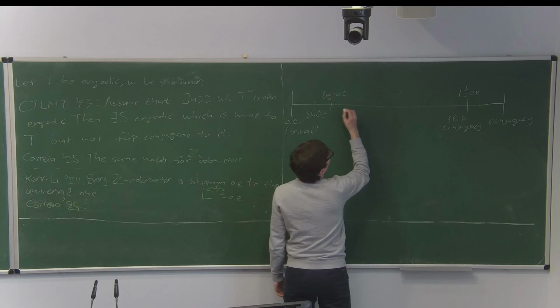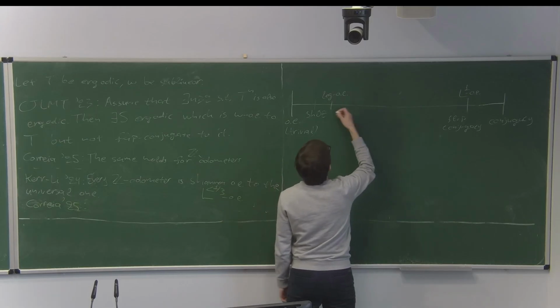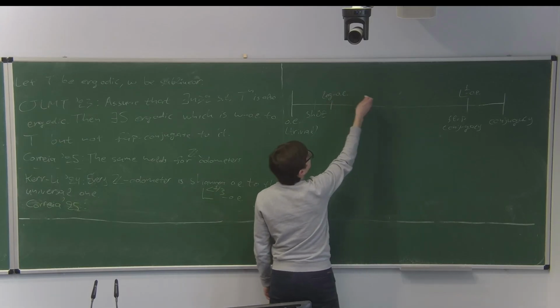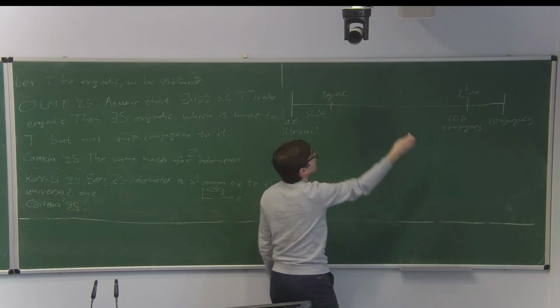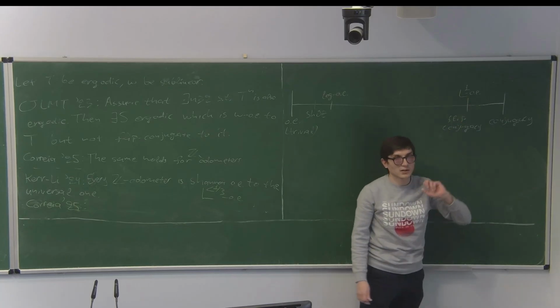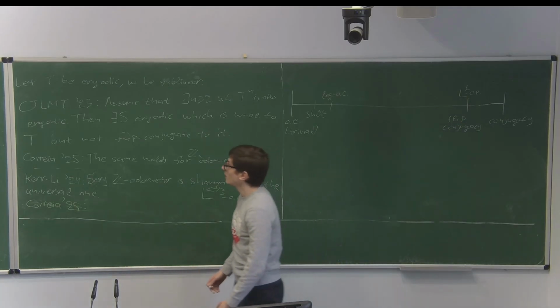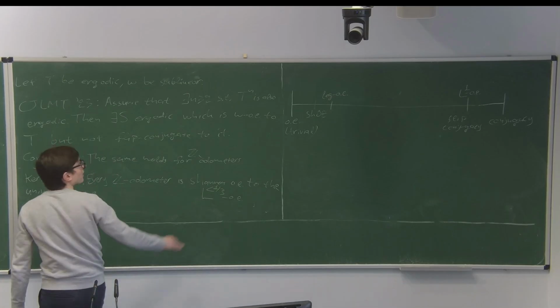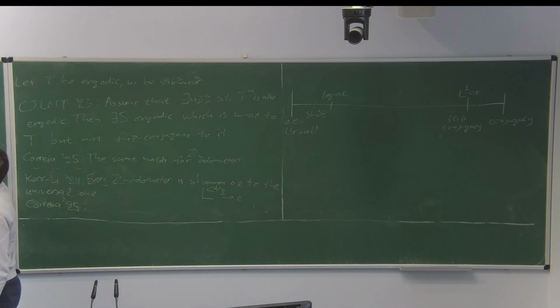And then in between here you have all the other integrability degrees between log and L1. Going for higher LPs does not really give you more than flip conjugacy. It is still useful for growth and whatnot.